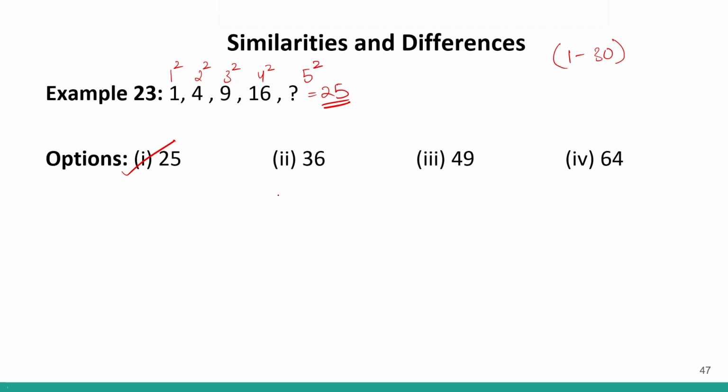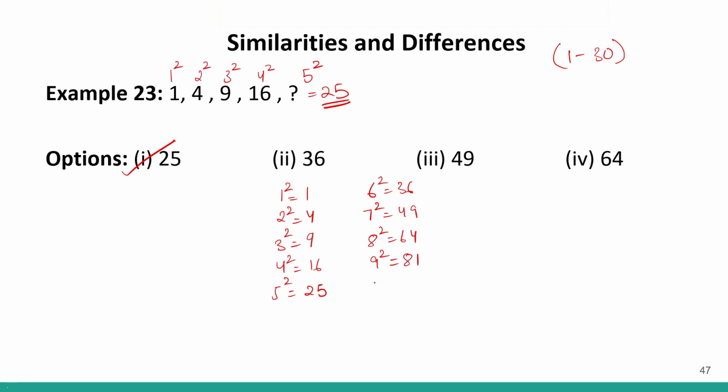Now for your reference, I am writing the squares of certain numbers that you can remember. 4 square is 16, 5 square is 25, 6 square is 36, 7 square is 49, 8 square is 64, 9 square is 81, 10 square is 100.